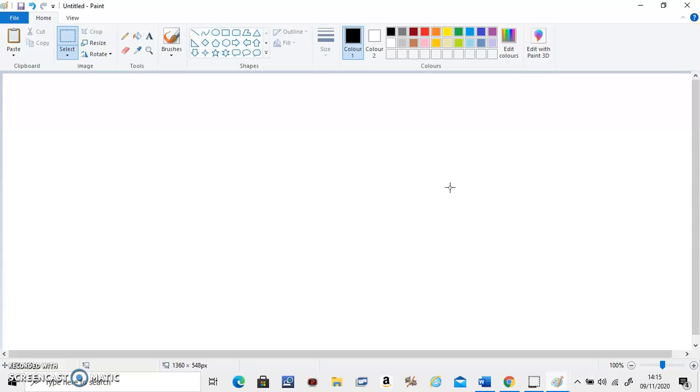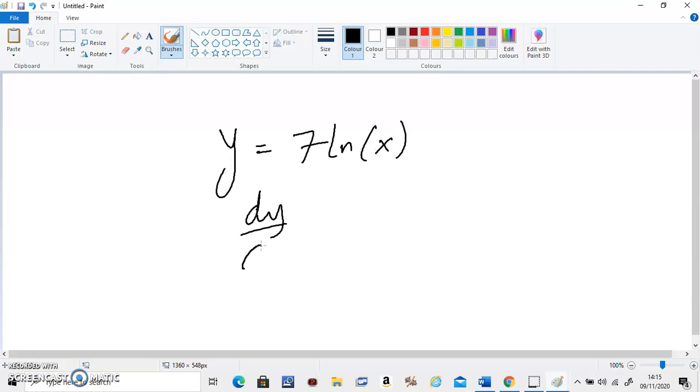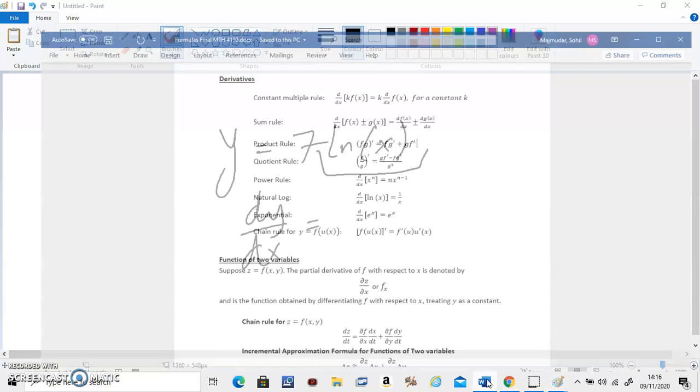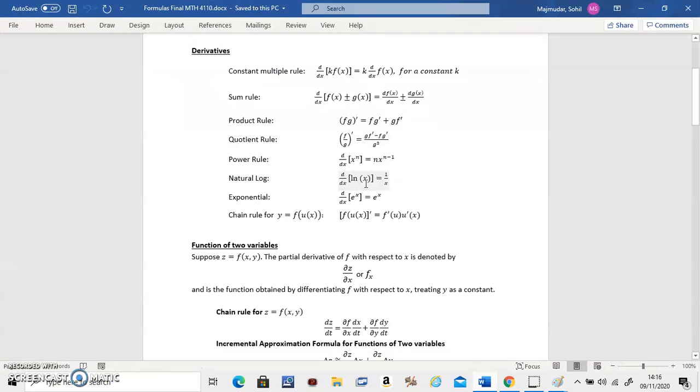Okay, one more. Say I give you y equals 7 ln x. Question is to find dy by dx. All you want to do is look at ln x and match it to the formula here. Ln x should become 1 over x.